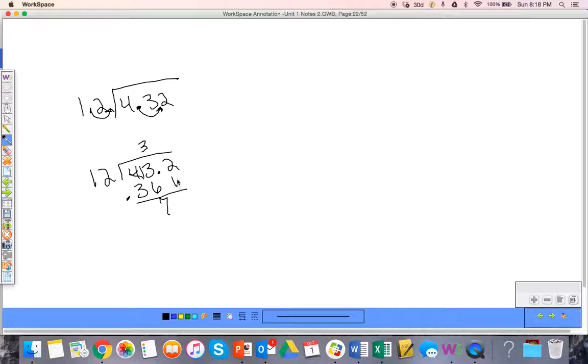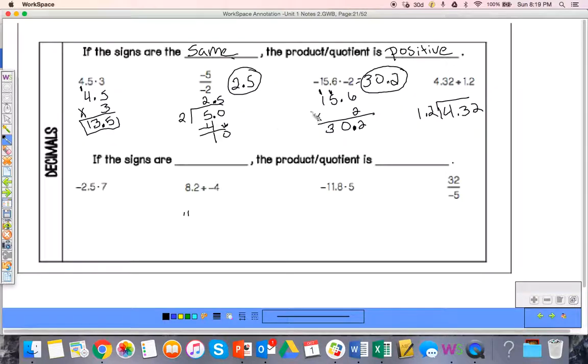Okay, we bring down our 2. 12 goes into 72 how many times? 6. That is 72. Okay, and we just bring up our decimal. So our answer would be 3.6. If we look, they're both positive numbers, so our answer stays positive. It is positive 3.6.